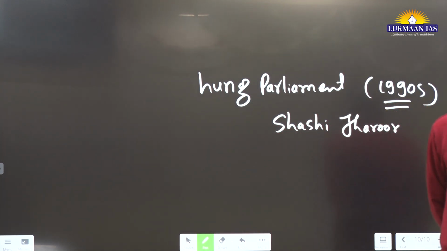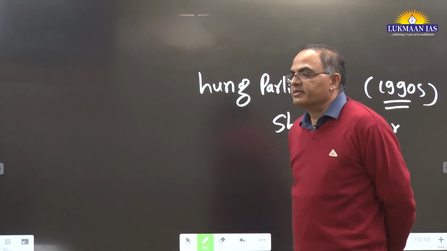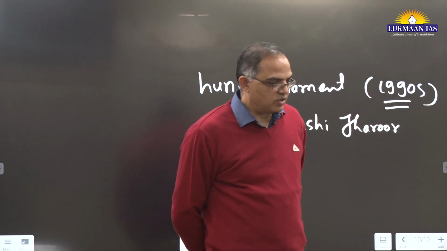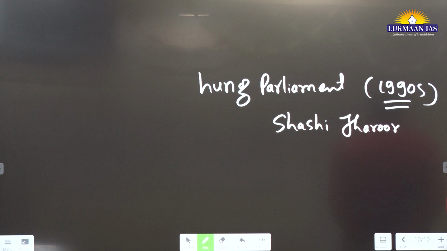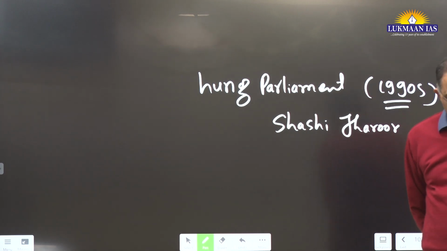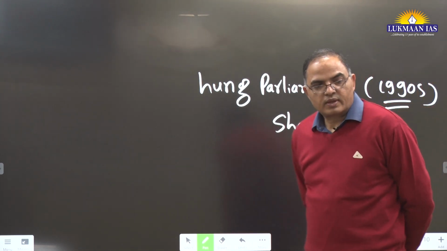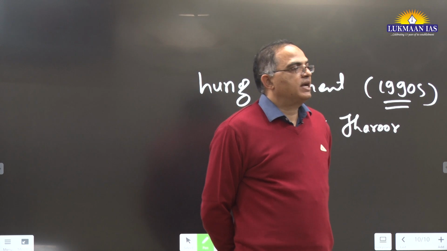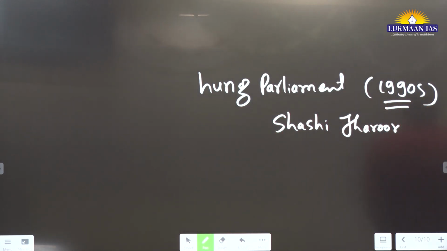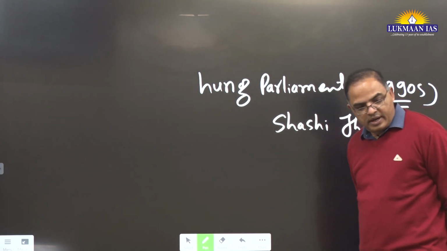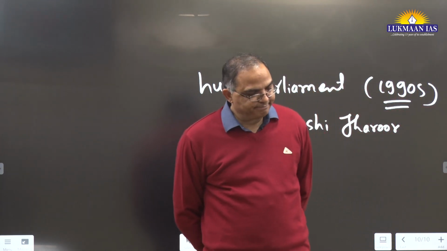Second, parliamentary system is a basic structure doctrine. Next, India is a highly diverse country.